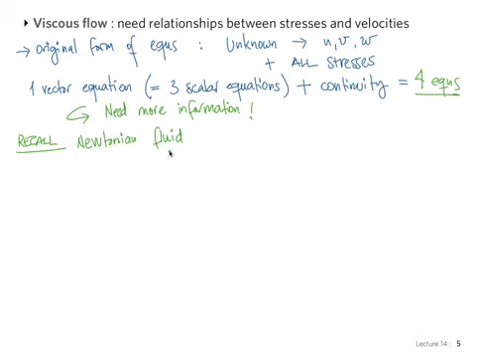Well, we derived the equation for two parallel plates: we got to tau equals mu du dy. Remember that? That was the simplest possible case of viscous flow.